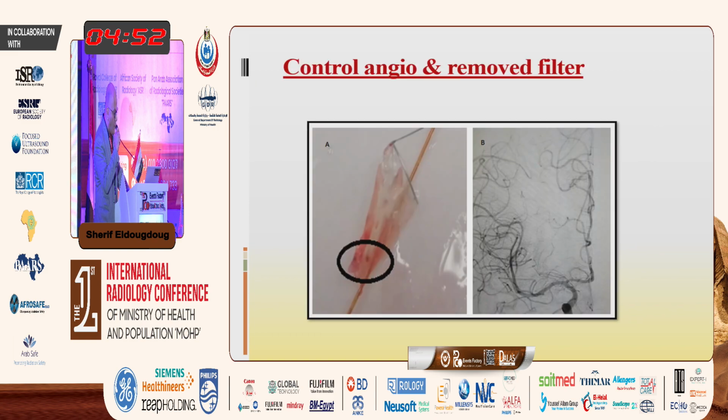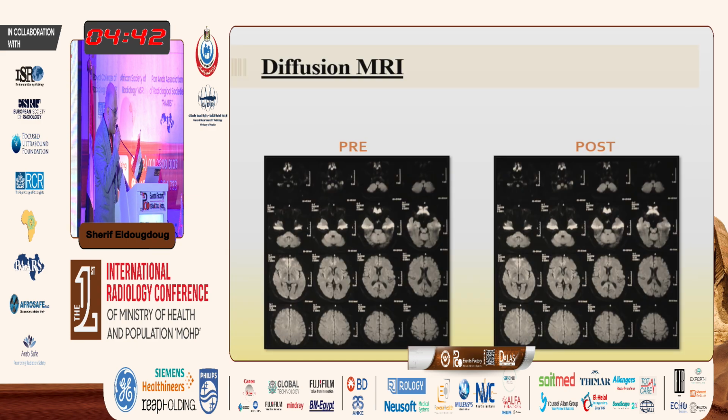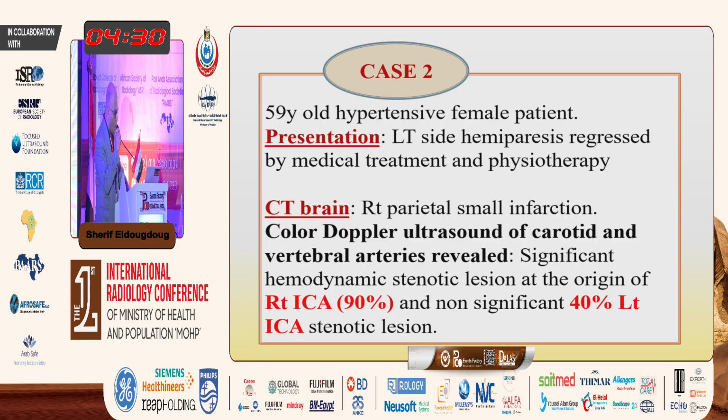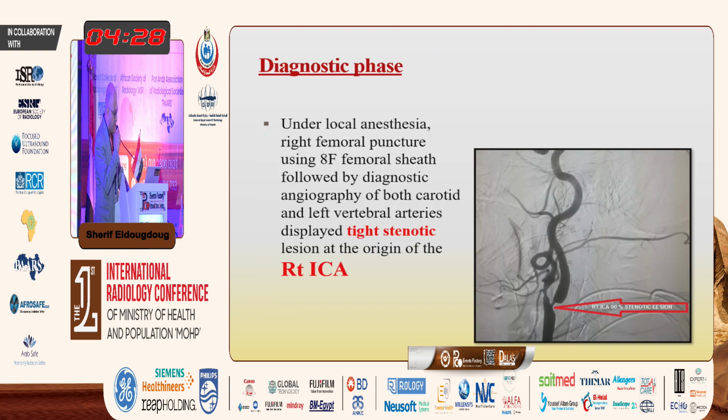This is the filter showing small clots retained in it, and this is the control angiogram showing good opacification of the right cerebral hemisphere with no filling defect. And this is the pre-diffusion and post-diffusion with no new ischemic lesions in the post-diffusion one.